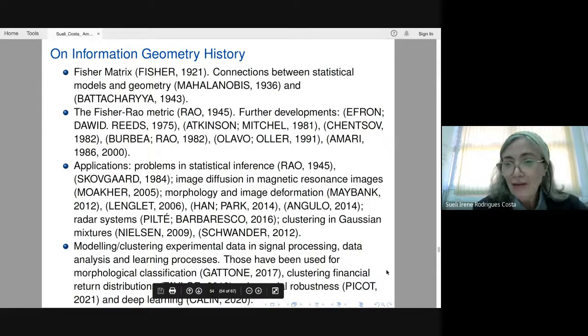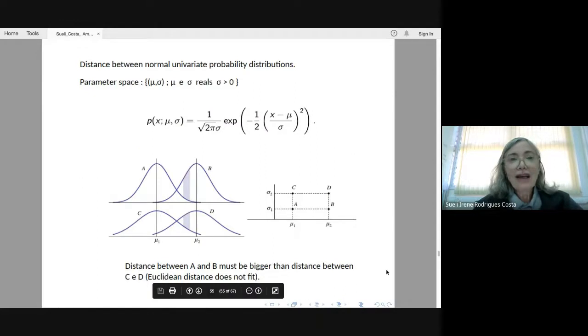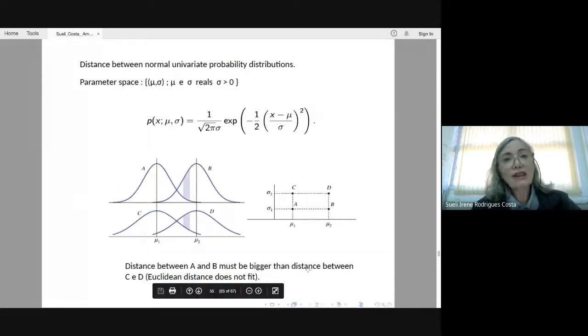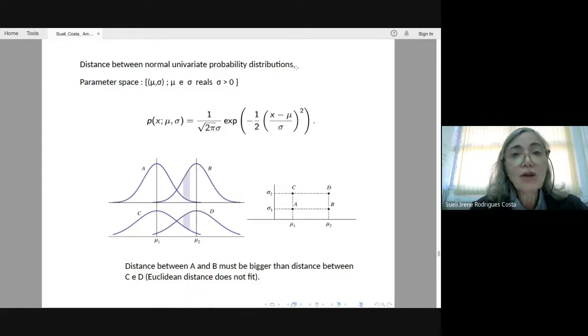Okay, so to start, the motivation for this kind of distance. Suppose we consider normal univariate probability distributions. A normal distribution, a Gaussian distribution, is defined like this, a function whose integral along the whole real line is 1.